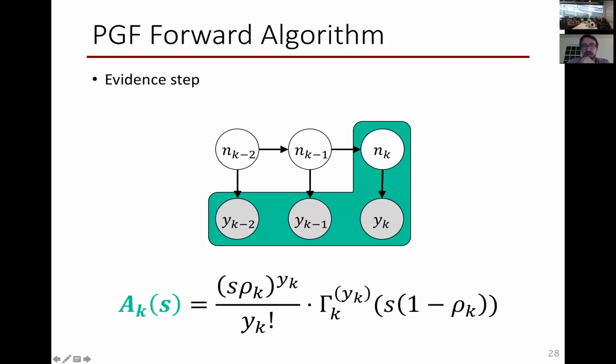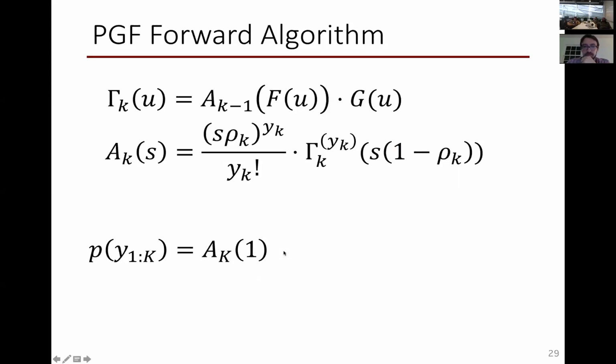We can see why: if this is the end of the chain, n sub capital K, the last latent variable, and I have this message, evaluating it at 1 marginalizes out this latent variable, and I'm left with just the joint distribution of all of my data. So this is about as far as we got with our first paper on this topic.